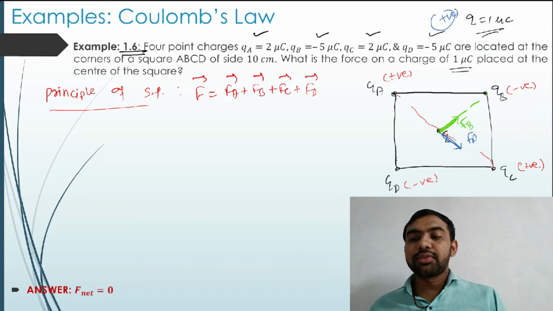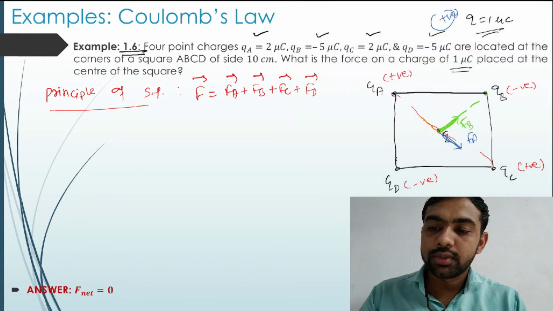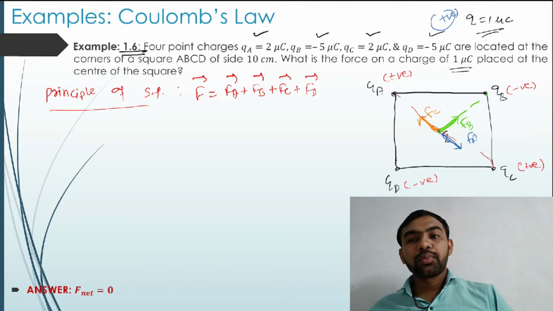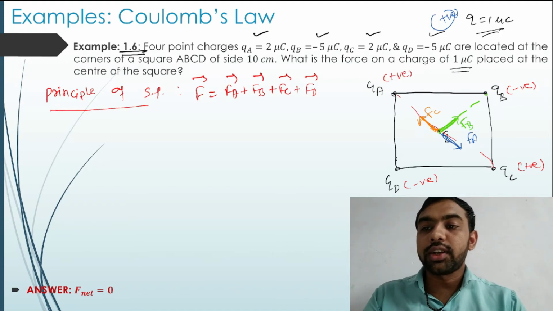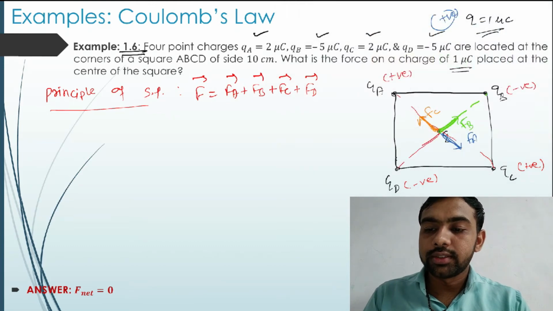Now FC: QC is a positive charge, so it is a repulsive force, so use the repulsive formula; that is FC. And QD is a negative charge, so negative and positive give an attractive force, so apply the attractive force formula, like this, so FD.